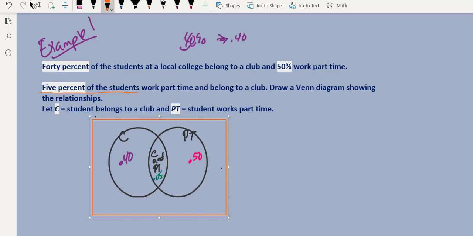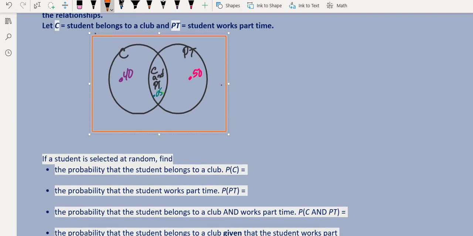All right. So my next questions are really dealing with us understanding if we can find the different probabilities. For my first question, it asks us, if a student is selected at random, find the probability that the student belongs to a club.